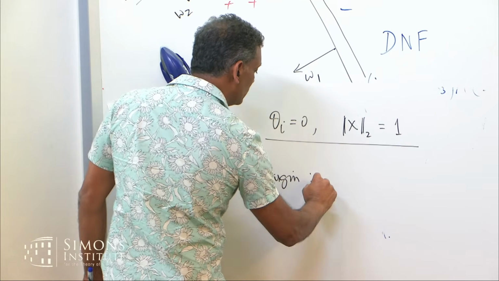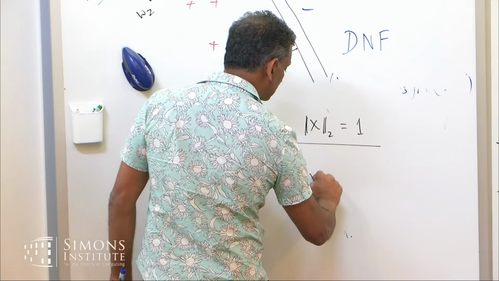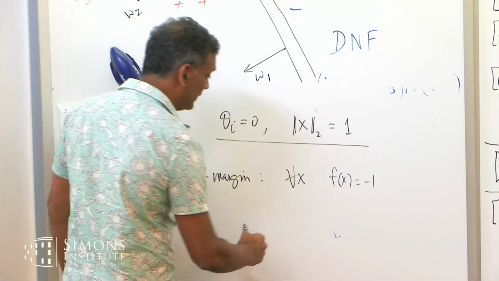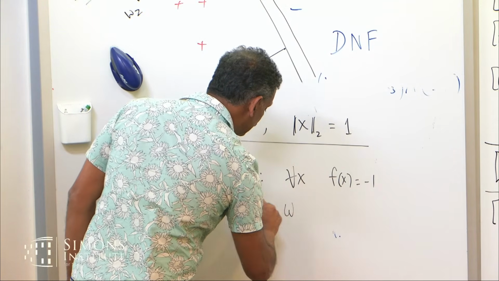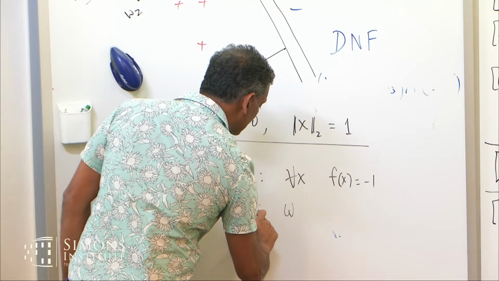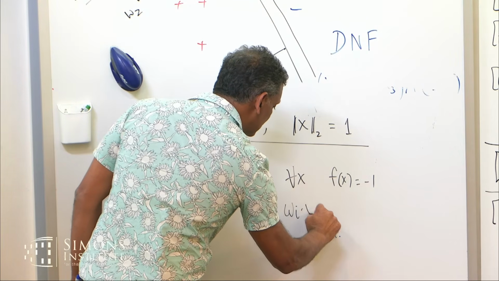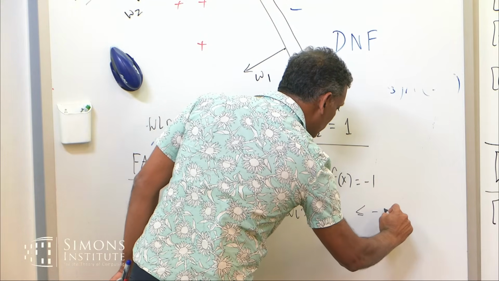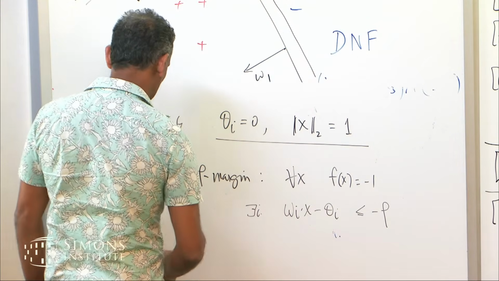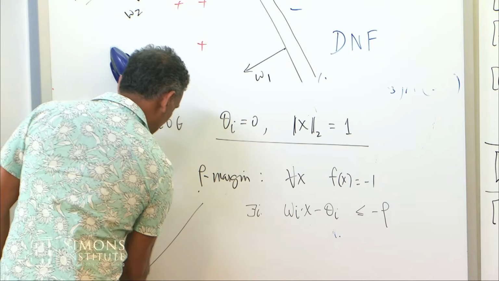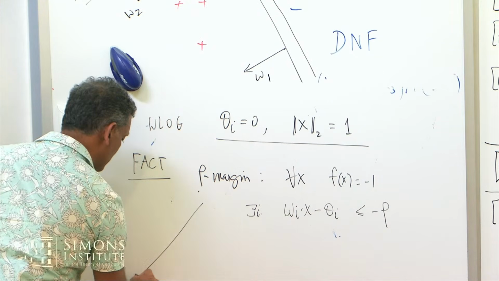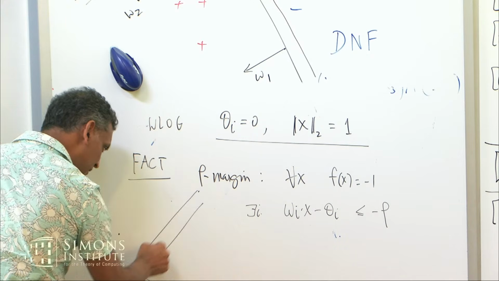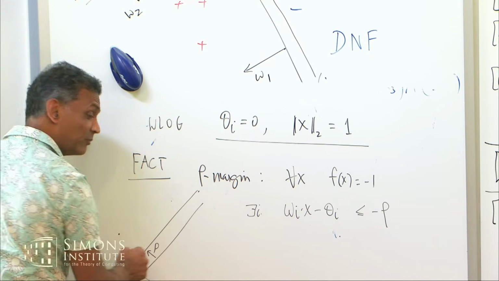Rho robust means that for any x for which f of x is negative, it's a negative point, there exists some i such that w_i dot x minus theta_i is less than minus rho. So what this is saying is that if I tell you this point is negative, there is at least one plane such that it's a distance rho from that plane.